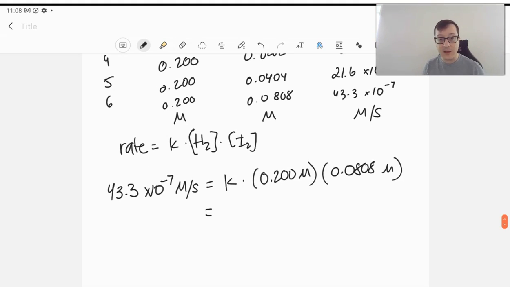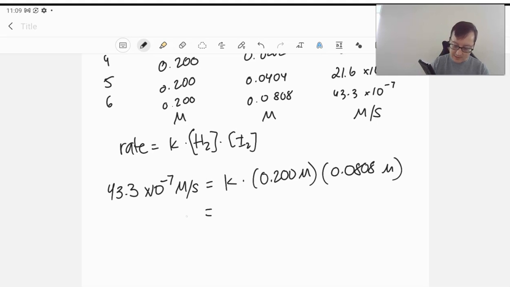And so if we go ahead and solve for this, let's just do the number part first. Calculator. 43.3 times 10 to the negative 7 divided by 0.2 divided by 0.0808.